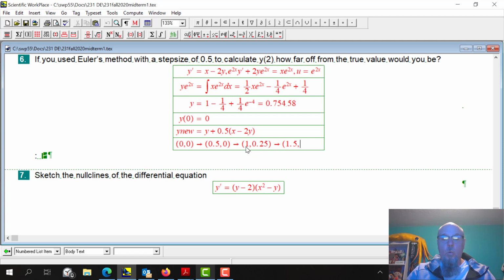When I plug in the 1 and the 0.25, I get 1 minus a half is 3/4. 1 plus a half of 3/4 is 1 plus 1, that's 1.5.